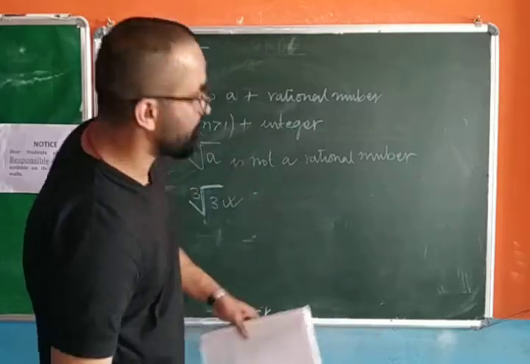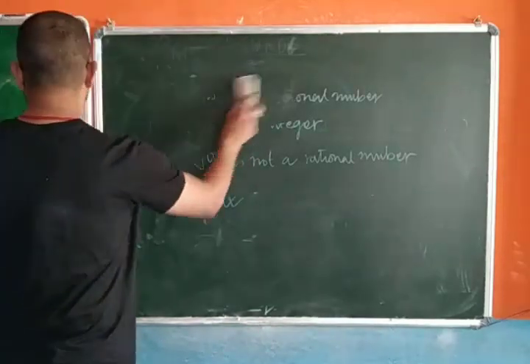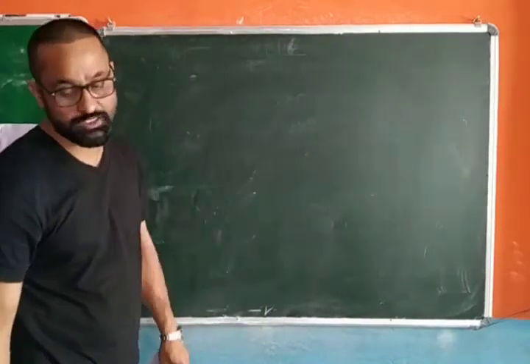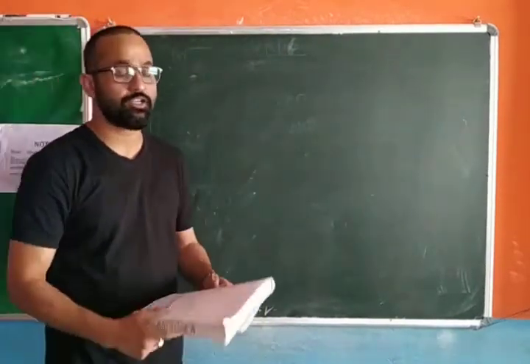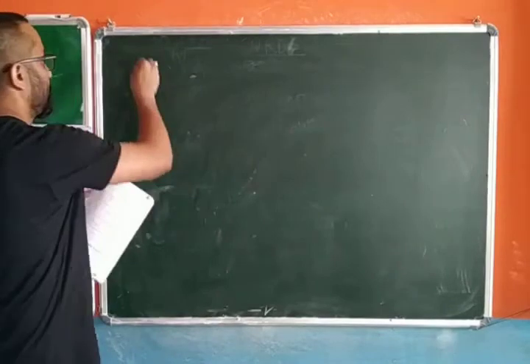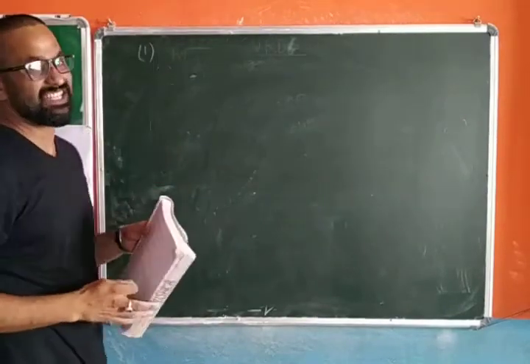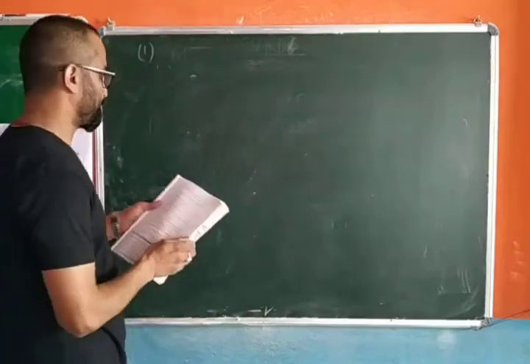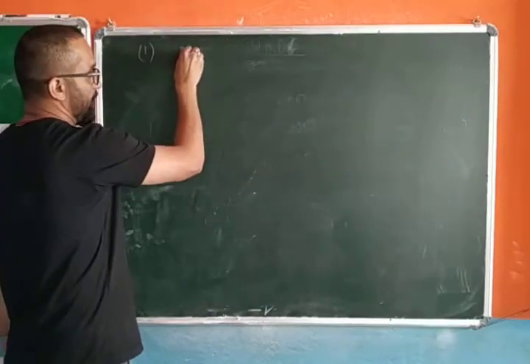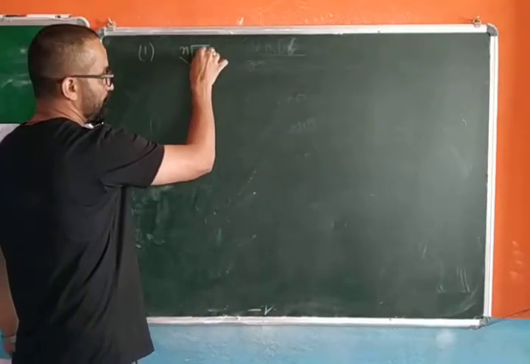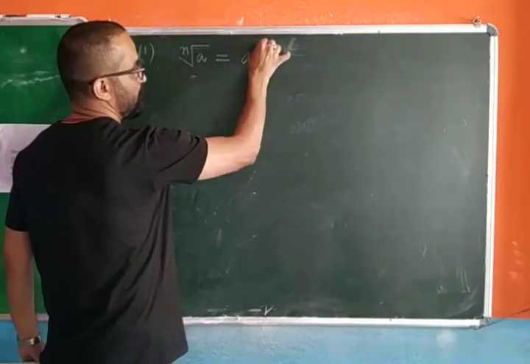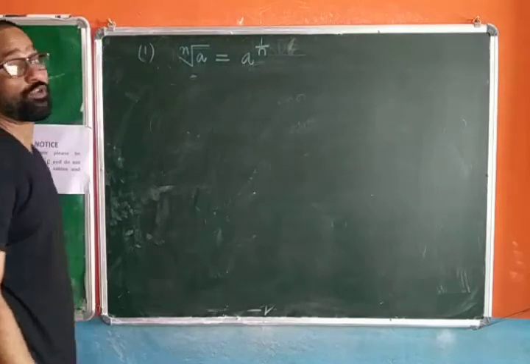You have some important terms related to this. All surds are irrational numbers. So remember these technical terms or formulae. First, the nth root of a can be written as a to the power of 1 upon n.